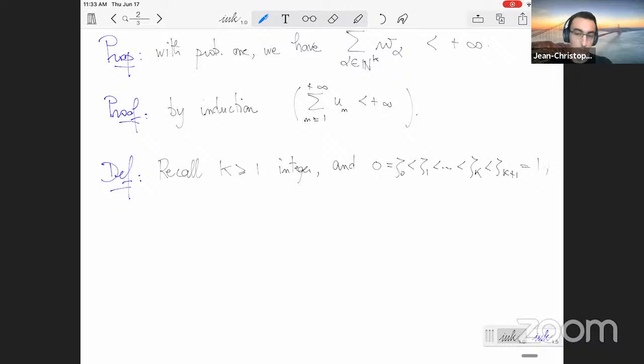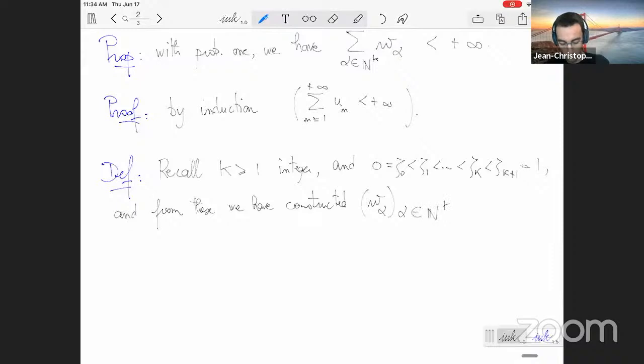From these, we have constructed this W alpha.